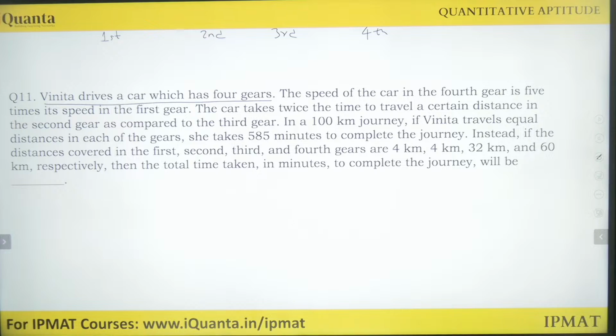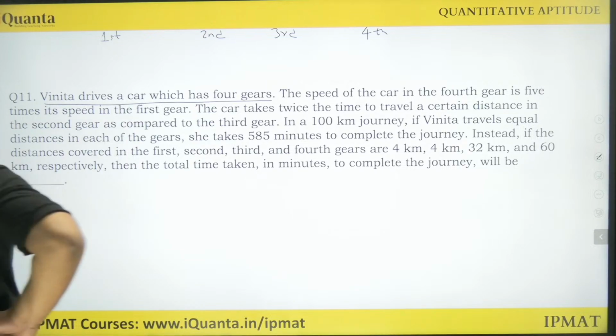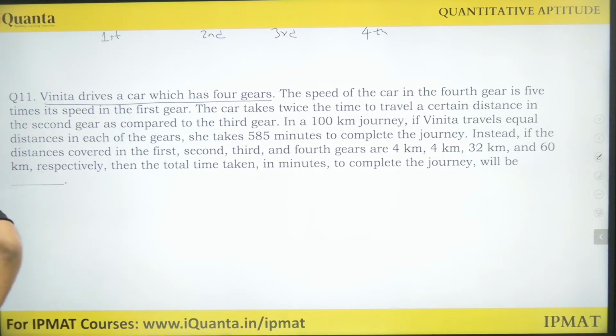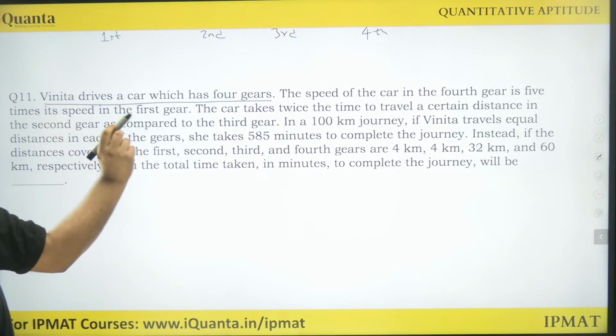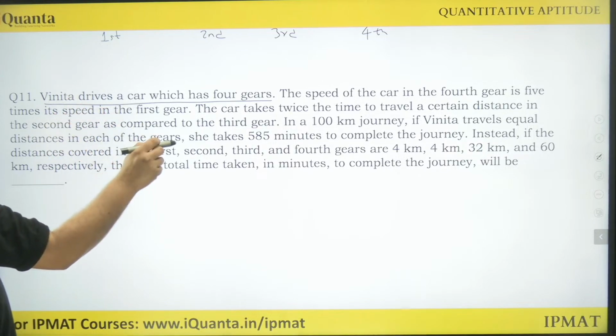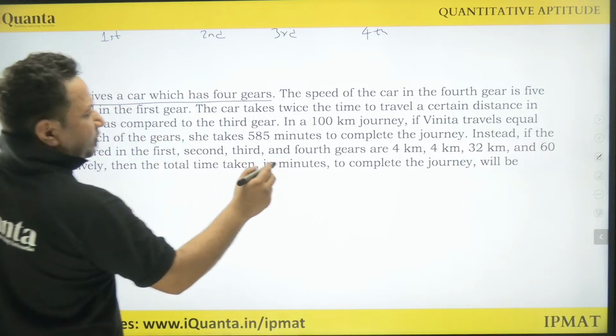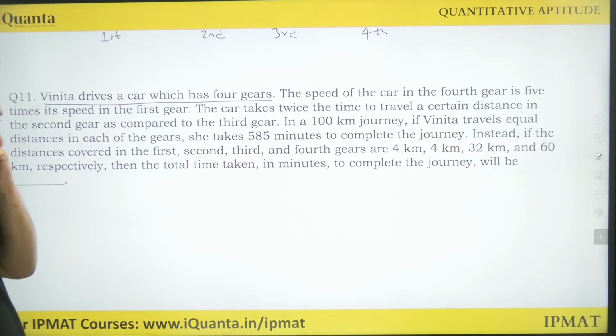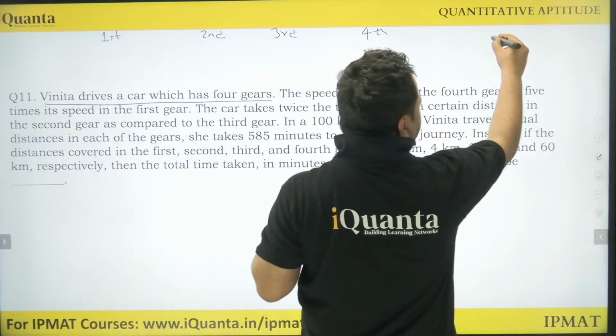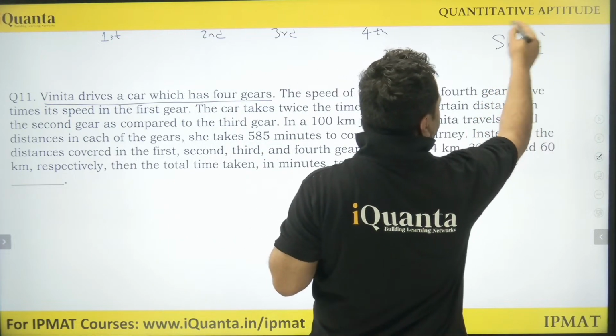Speed of car in the 4th gear is 5 times speed in the 1st gear. All of you know that speed and time are inversely proportional, isn't it?